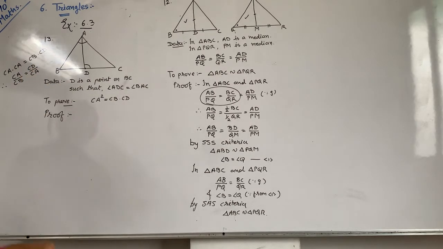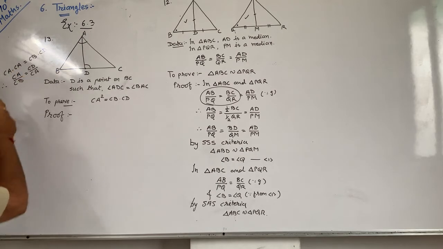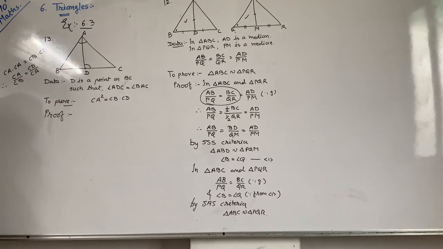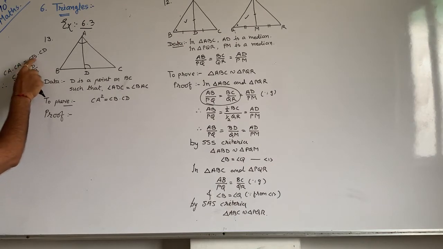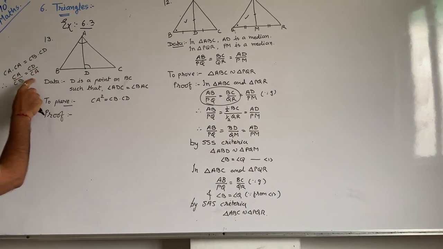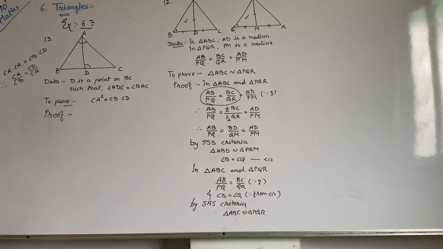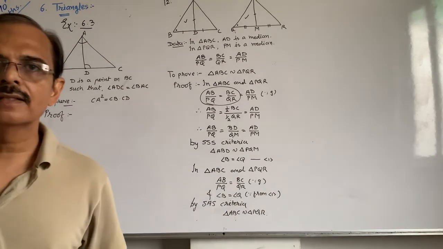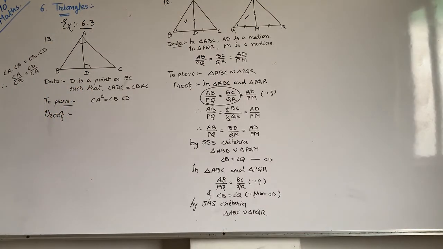Take CD this side, take CA this side. If you prove this, CA upon CD equals CB upon CA, it means the sides are in the same proportion. So for this you have to prove two triangles are similar.